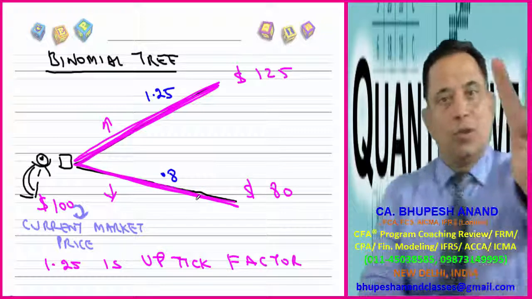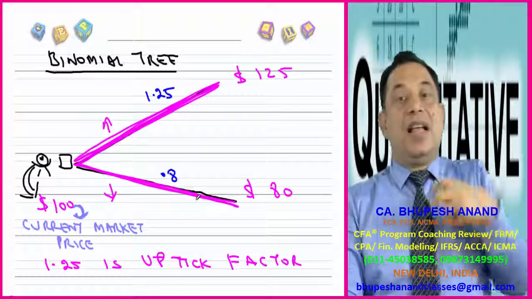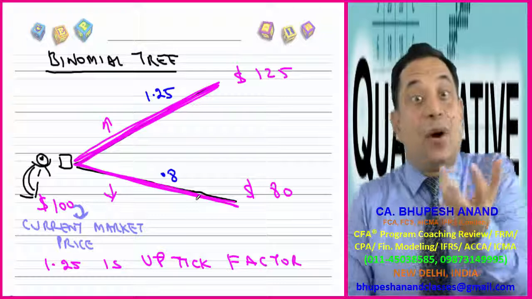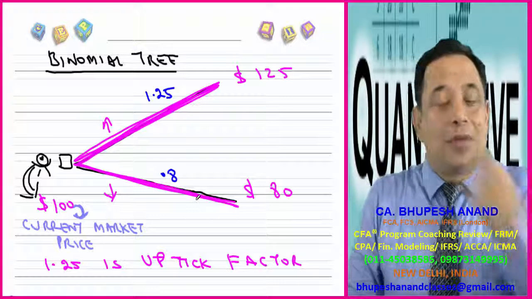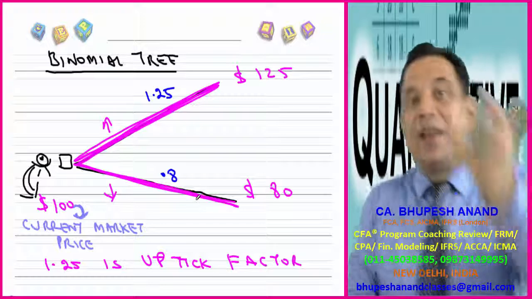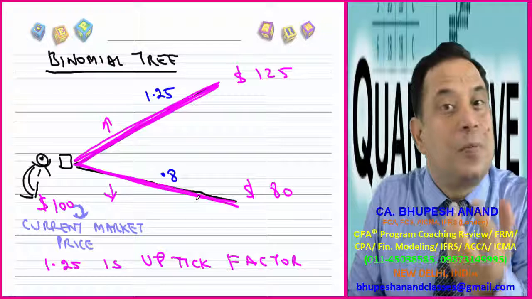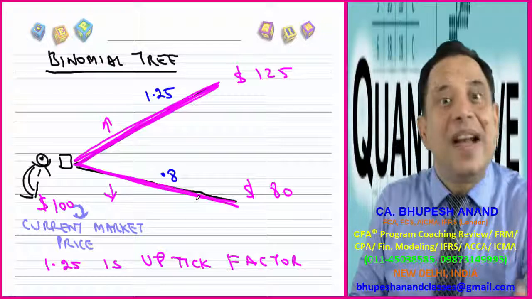There are only two outcomes possible: either the price will increase or the price will decrease. So it is a binomial distribution, because a call option has two outcomes, either it can increase or decrease on expiry. That's why I'm taking the help of call option pricing to explain the binomial distribution, the binomial random variable.